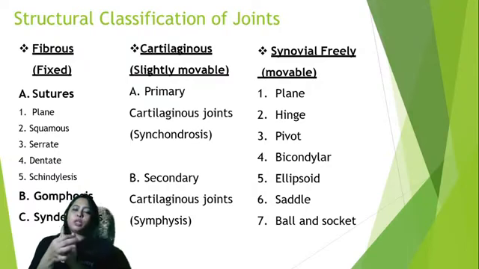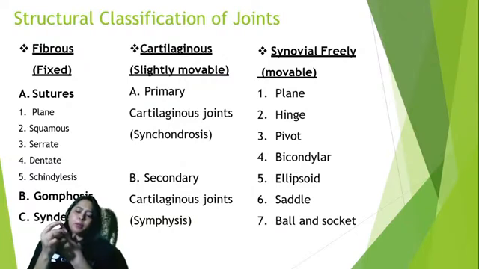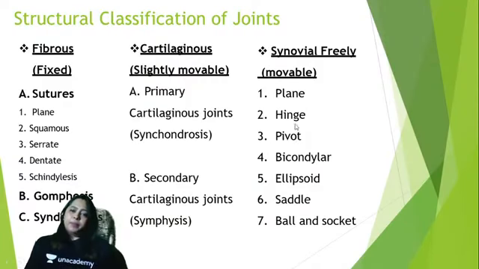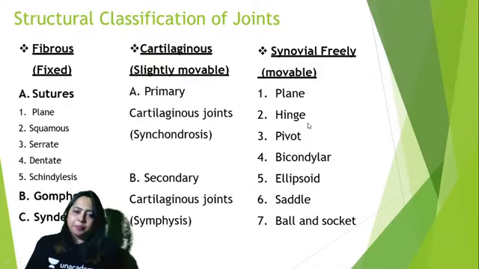Here also they bend. What are these? They are interphalangeal joints. So what kind of movement do they produce? They produce only unidirectional movement, and they come under the hinge type of joint.